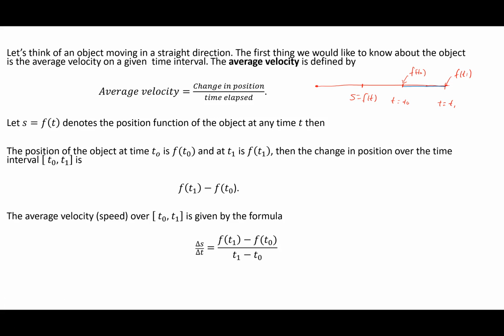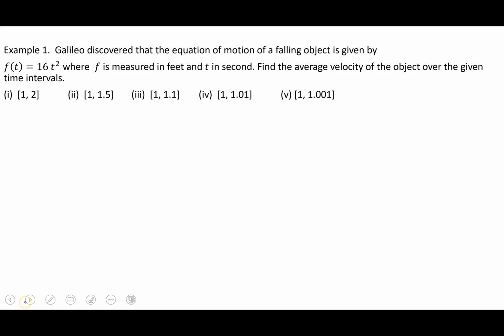Okay, so now let's compute the average velocity of a falling object in the following example. Galileo discovered that the equation of motion of a falling object is given by the function f of t equals 16t square, where f is measured in feet and t in seconds.